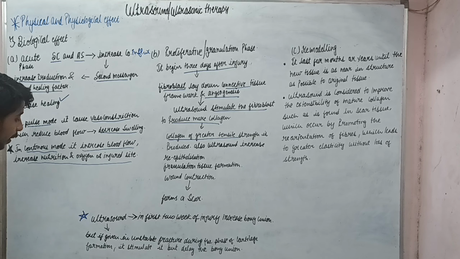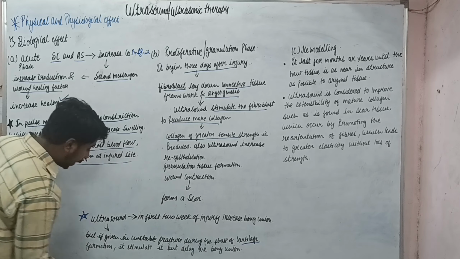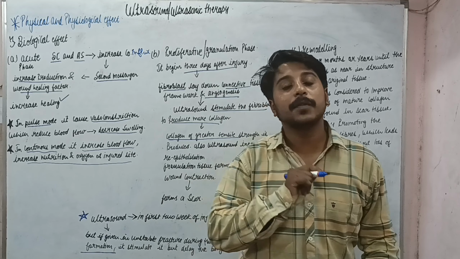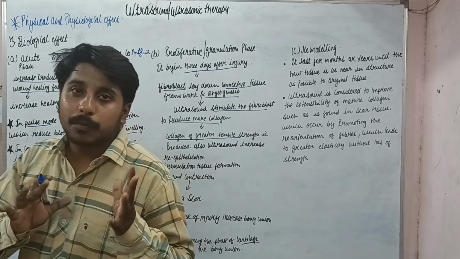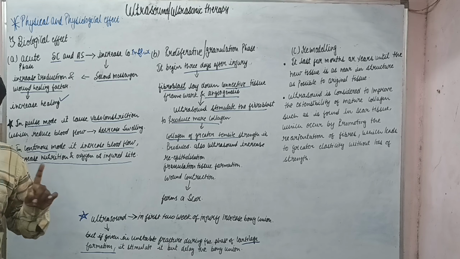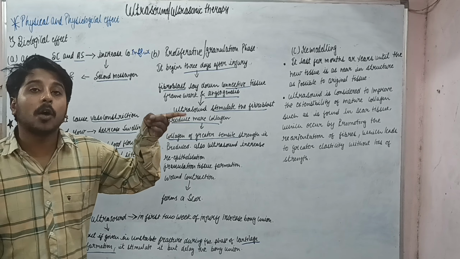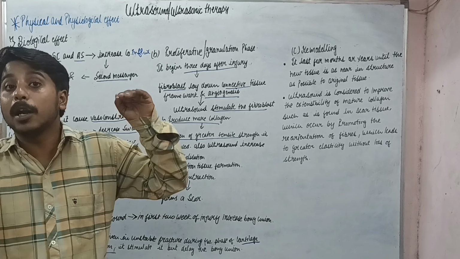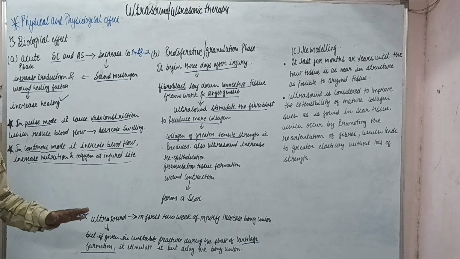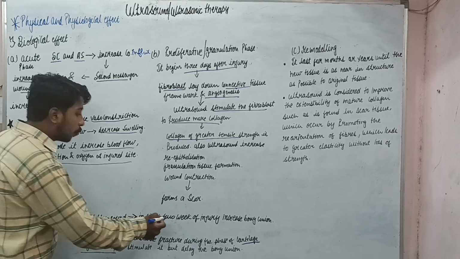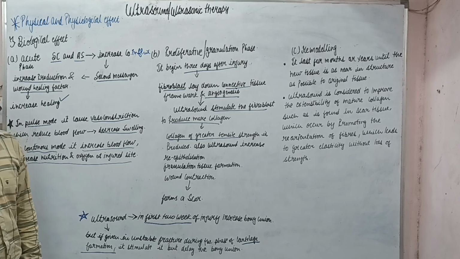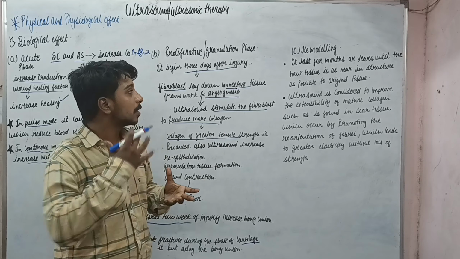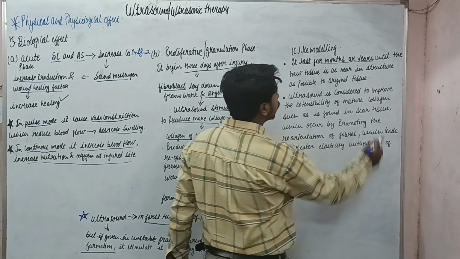But if it is given in the stage of cartilage formation, that is endochondral ossification, which occurs at about the 4th to 6th week, it increases the formation of cartilage, and further it has a bad effect in that it reduces the bony union. So it is good to use it in the first 2 weeks.